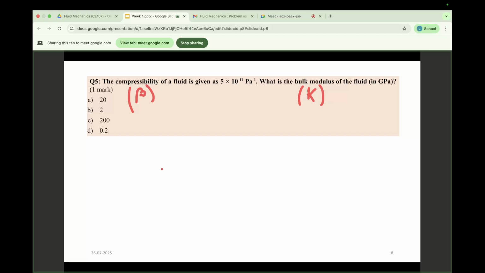So basically compressibility is inverse to that of bulk modulus.